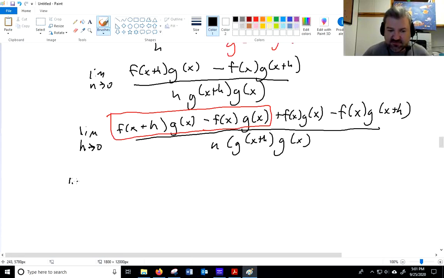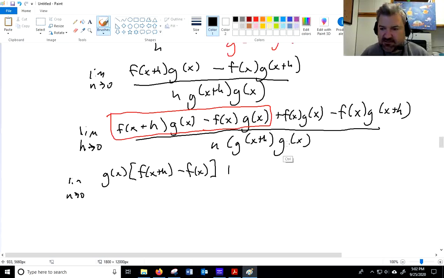So this is the limit as h goes to 0 of g of x times f of x plus h minus f of x, which is exactly what I'm trying to find, right? I want that, right? Plus, over here, I'm actually going to do something kind of funny. I'm going to factor out a negative f of x, okay? Because I really want this in front.